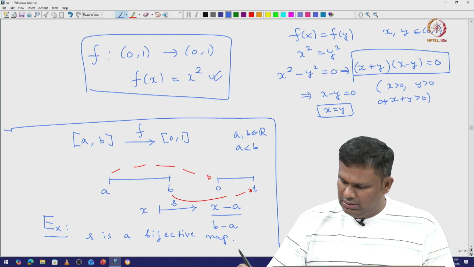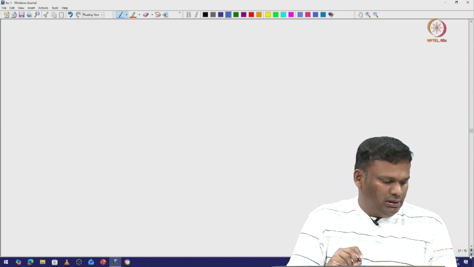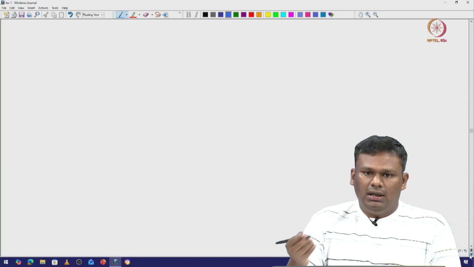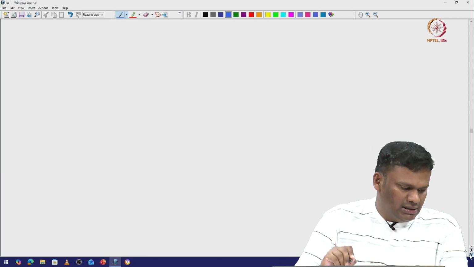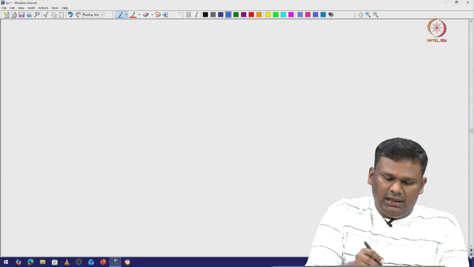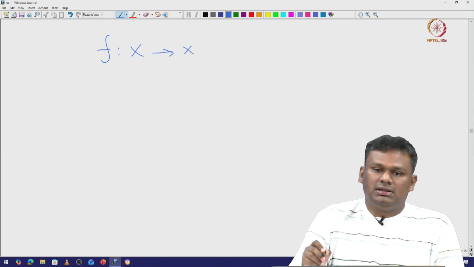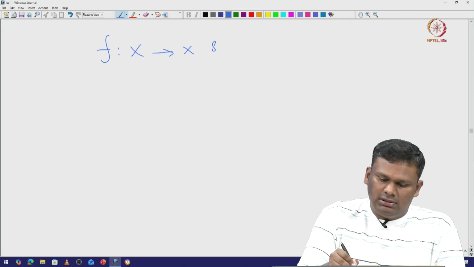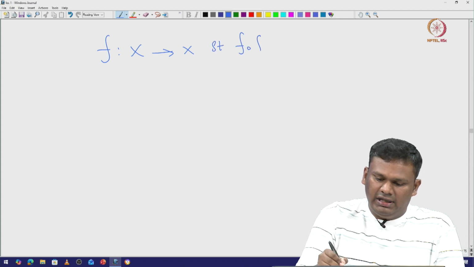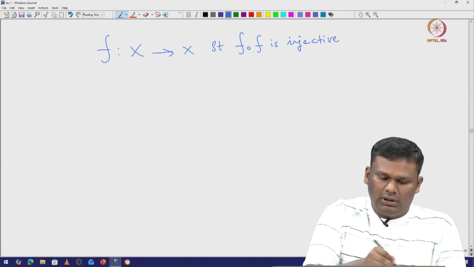Let us actually prove one important result, which will be used again and again in at least basic algebra and analysis. Suppose I start with a map f from X to X on the same set, and assume that f composition f is injective.